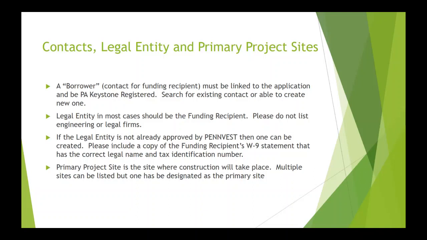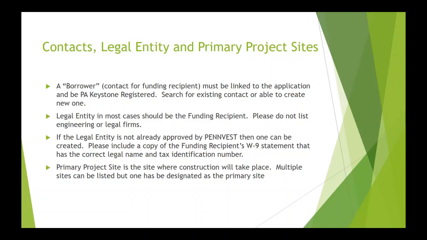If the legal entity is not already approved by Penvest, then one can be created, but keep in mind it takes a little bit of additional time and some additional documentation. We'll need a copy of the funding recipient's W-9 statement that has the correct legal name and tax identification number.